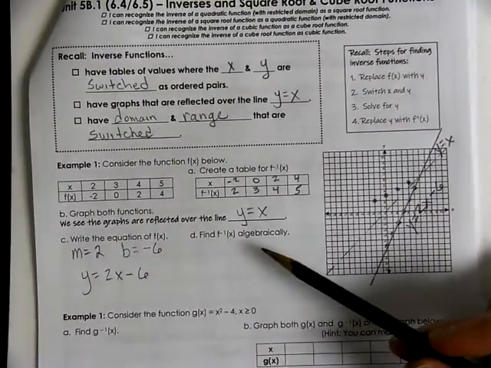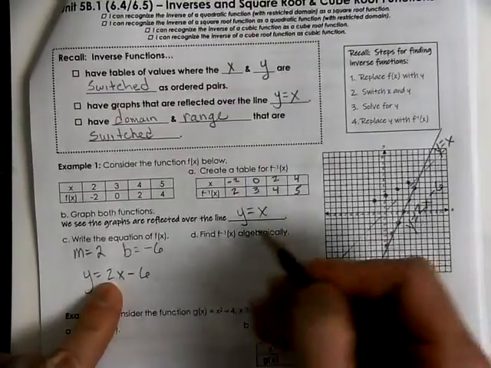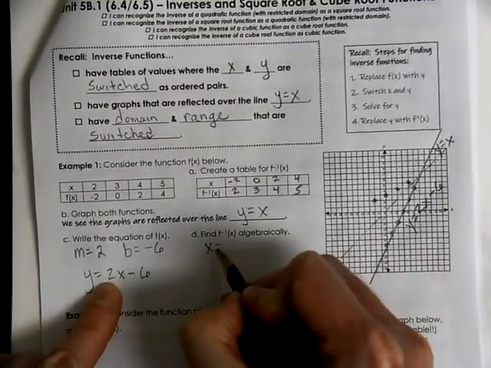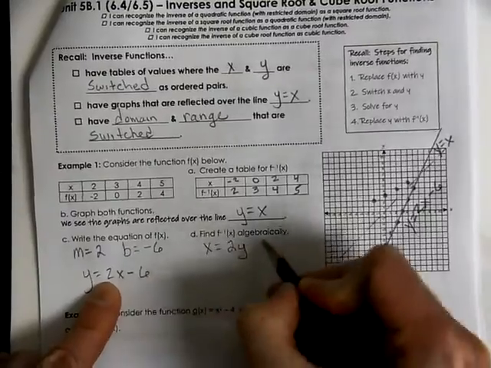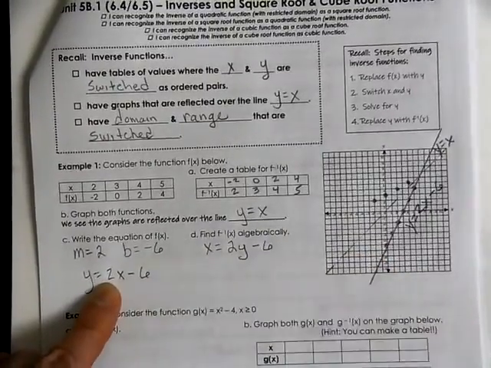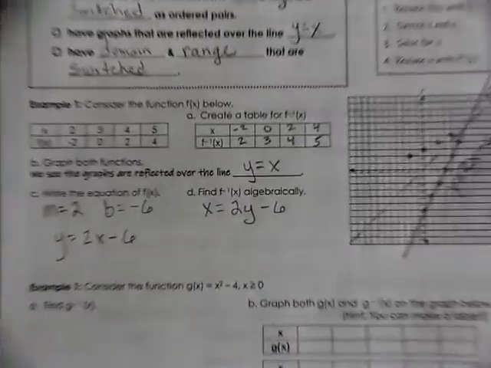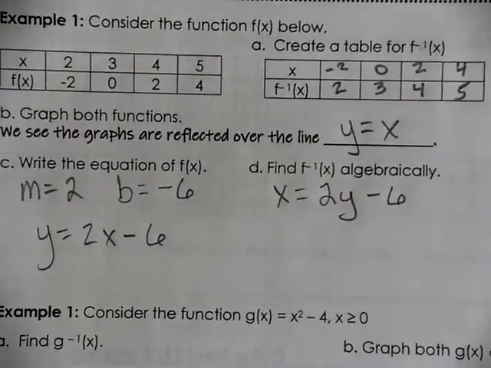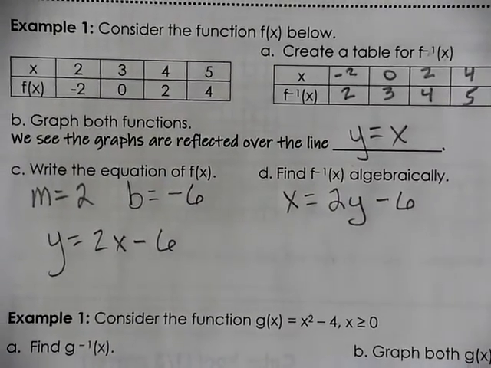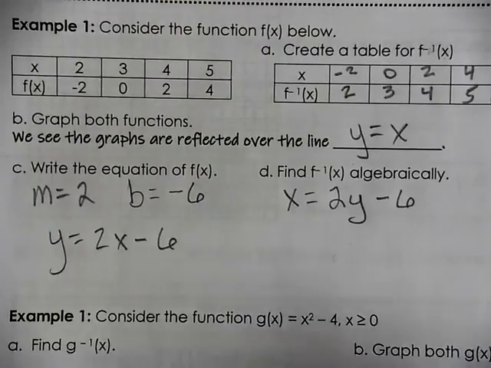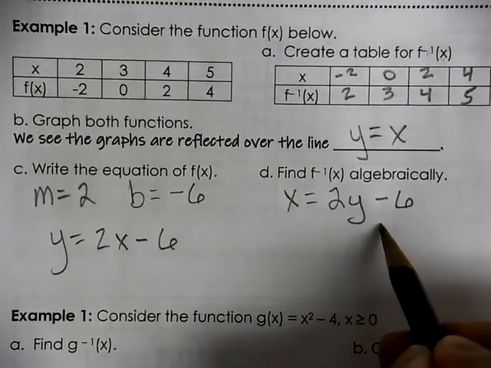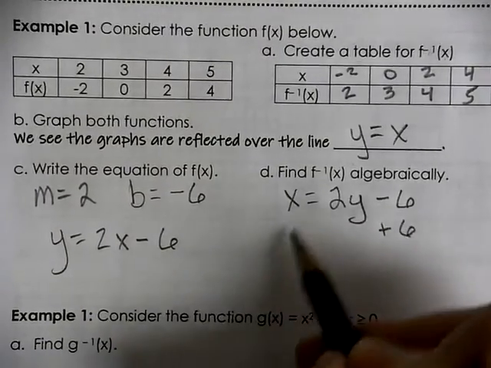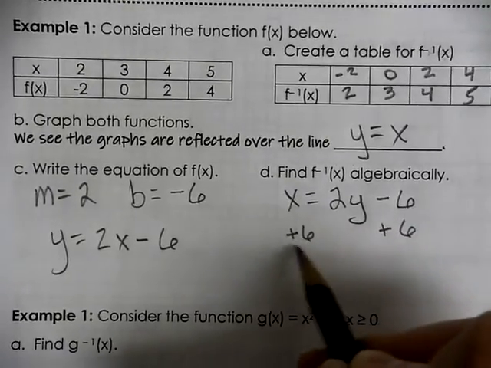Now, to find it algebraically, we're going to switch our x and the y. We put the x first, 2 times y minus 6. Now you go ahead and think about how we can figure out the inverse of that function. We're going to solve for y, so we're going to add the 6 over to the other side.